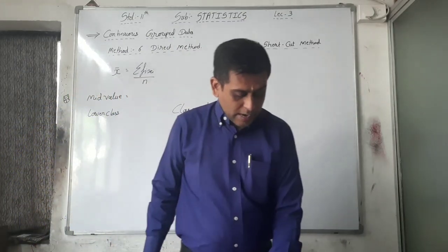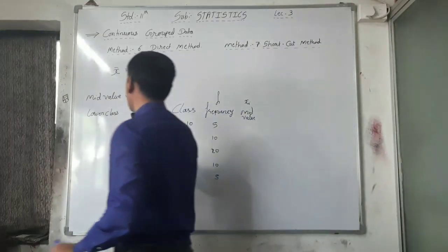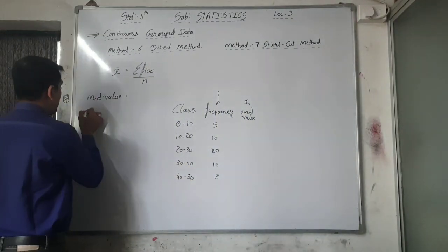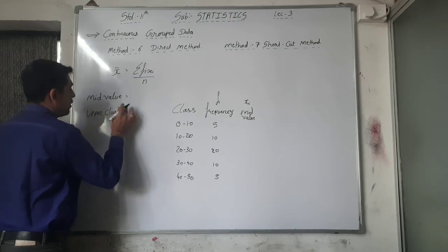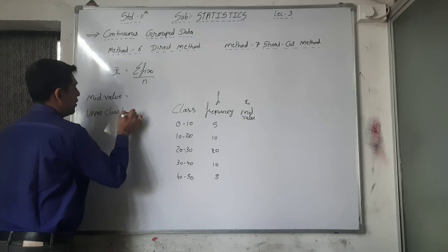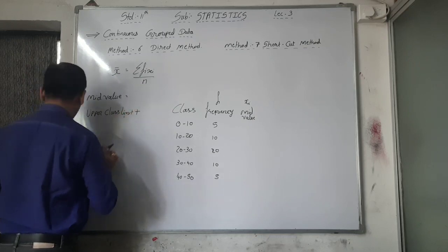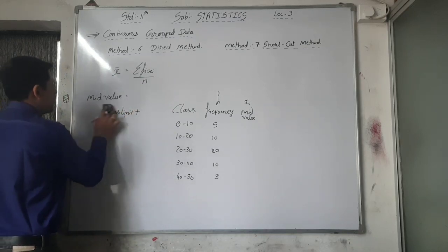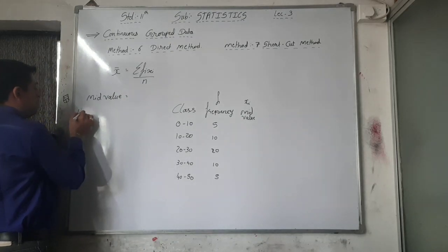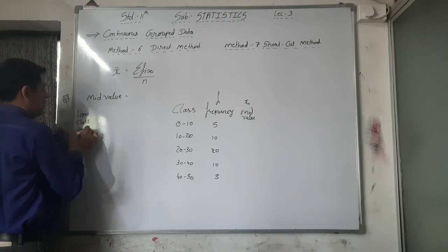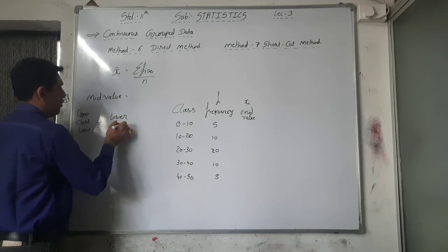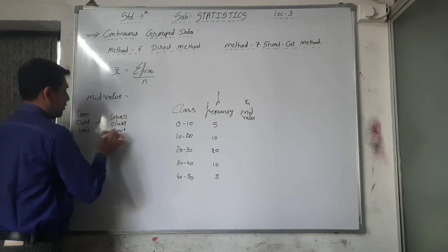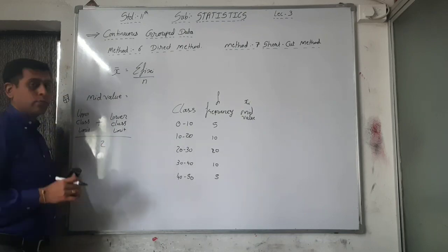Upper class limit plus lower class limit divided by 2.